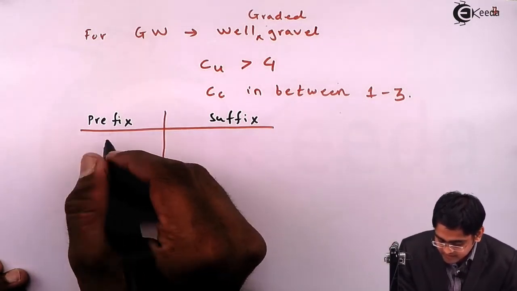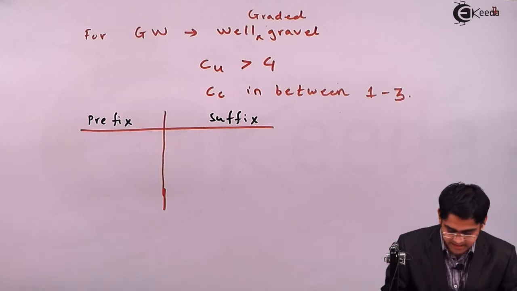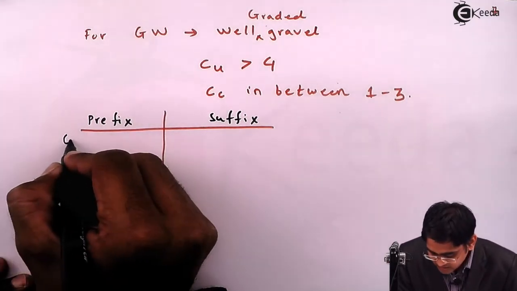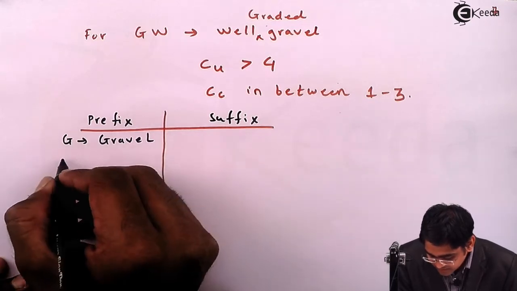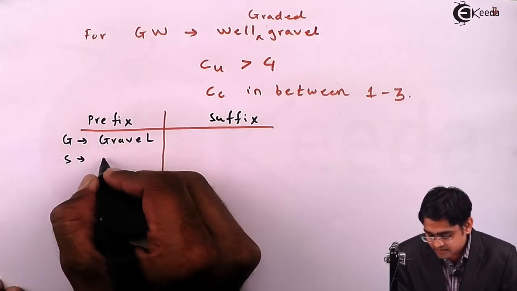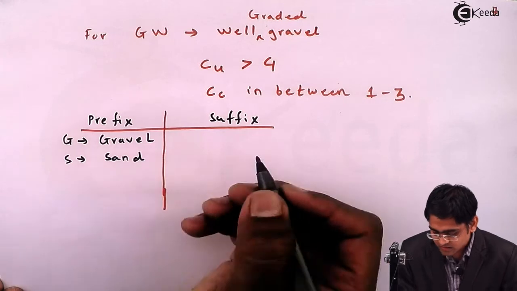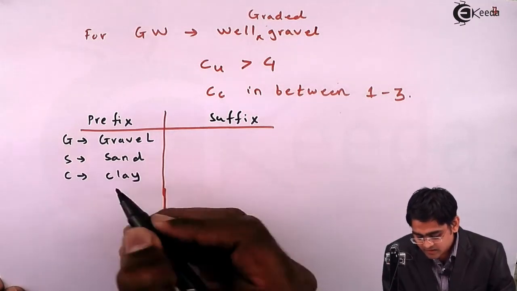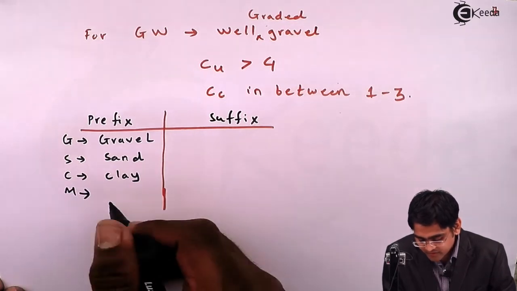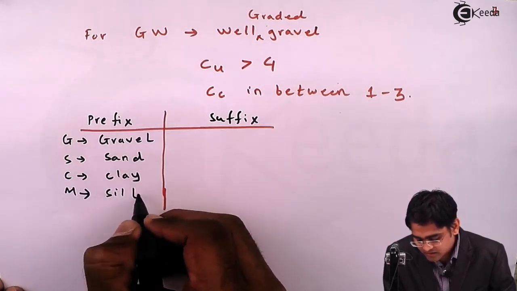For prefix, if you have G, it means gravel. If you have S, it means sand. If you have C, it means clay. If you have M, it means silt.